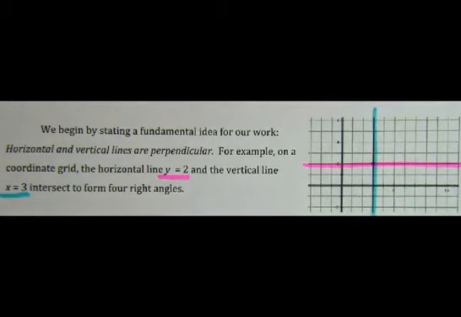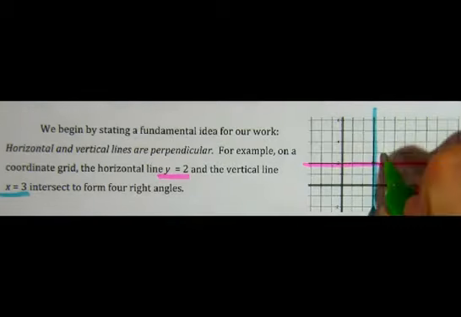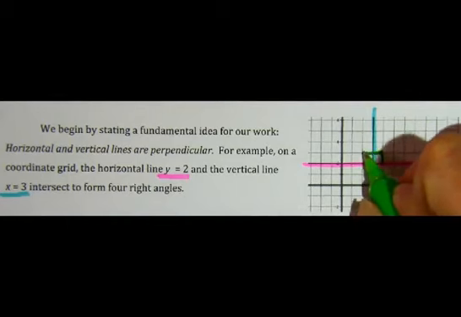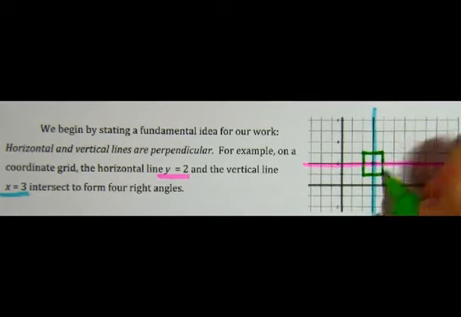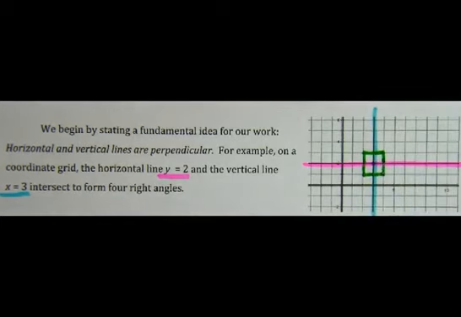We could use a protractor to measure and discover that this intersection creates 4 right angles. 1, 2, 3, 4. So we can further define perpendicular lines as lines that intersect to form 4 adjacent right angles.